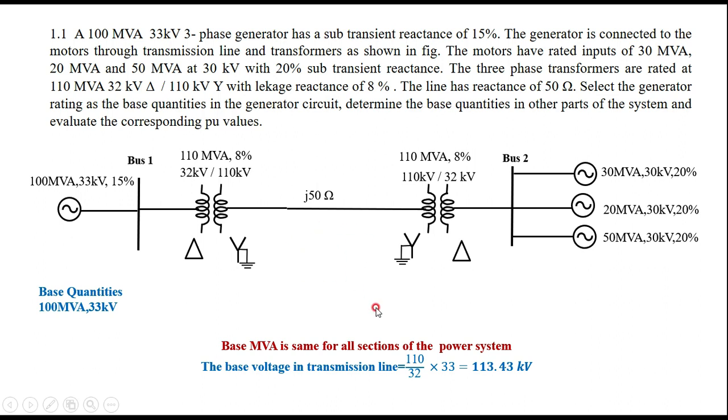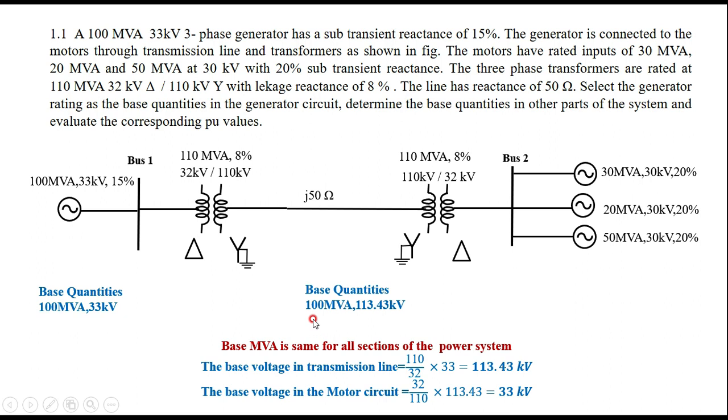Similarly, the base voltage of 113.43 should be transferred to the motor side through 32 by 110, that is 32 by 110 into 113.43, which gives 33 kV. Therefore, I am mentioning here all the base quantities: 100 MVA, 113.43 kV, and here 100 MVA, 33 kilovolts.